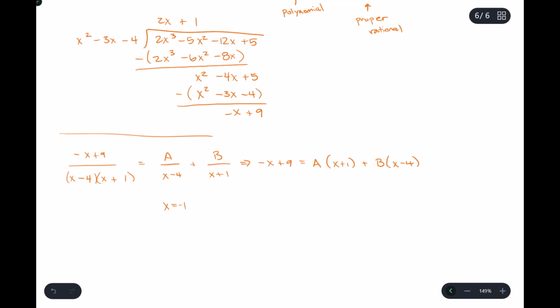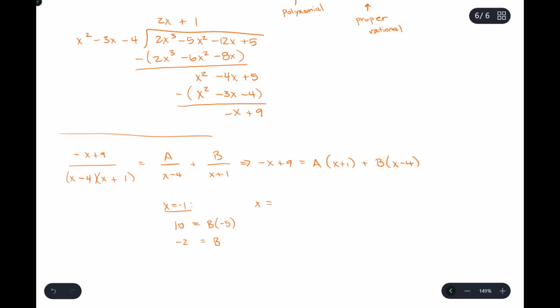So if I let x be negative 1, this would be the opposite of negative 1, which would just be 1. So 1 plus 9 is 10. This term would cancel, and I would have B times negative 5, it looks like. So that B is negative 2.